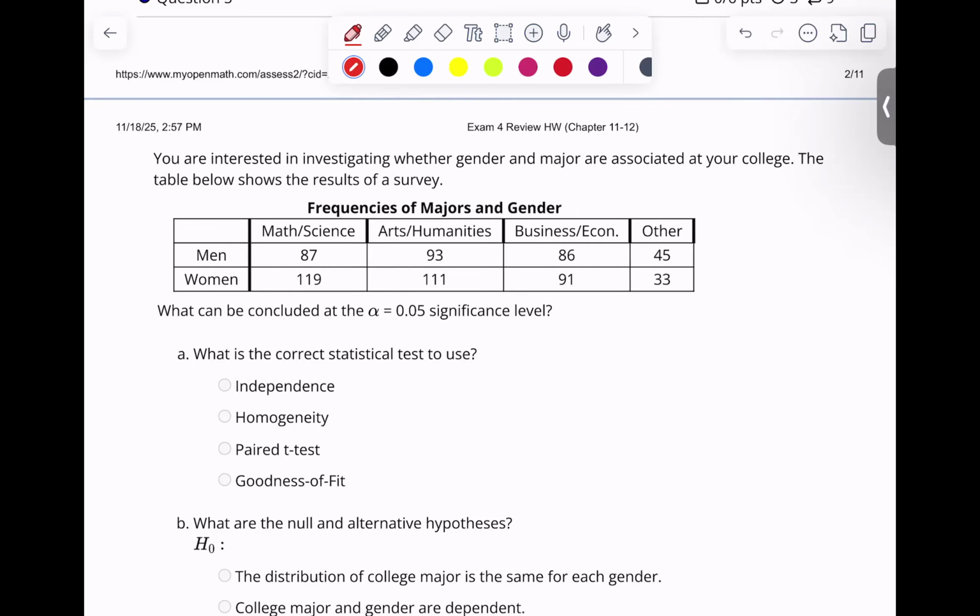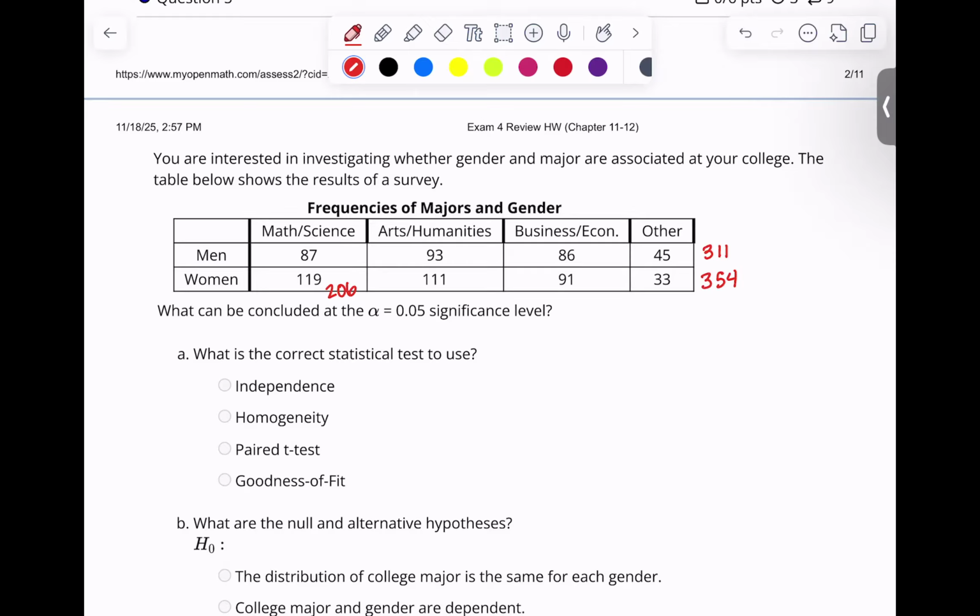So the first thing I need to do is again get the row and column totals. So that first row, which represents men in the survey, I got 311. In the second row, 354 women. And then we need to sum up each major. So math and science, I got 206.